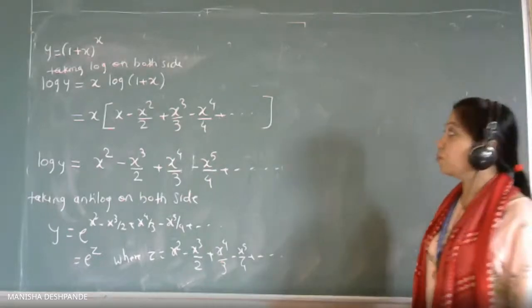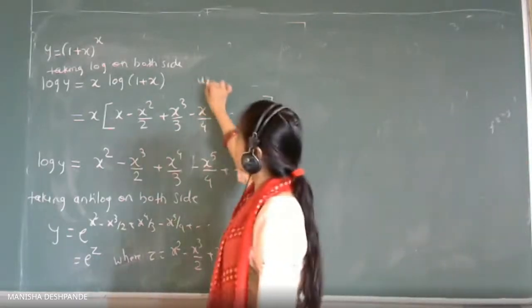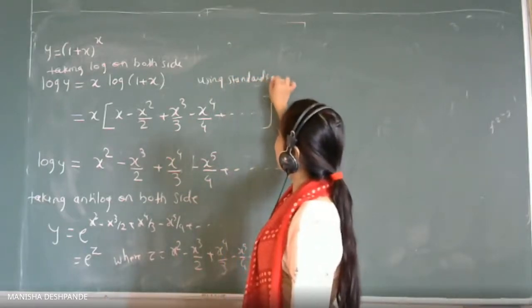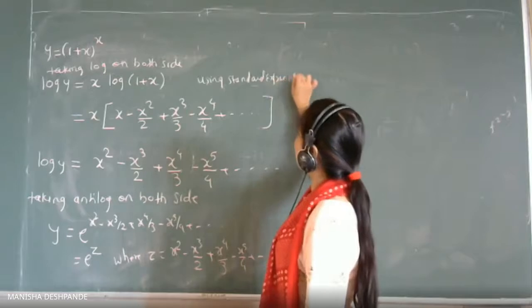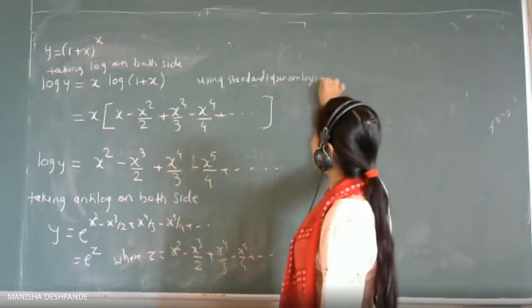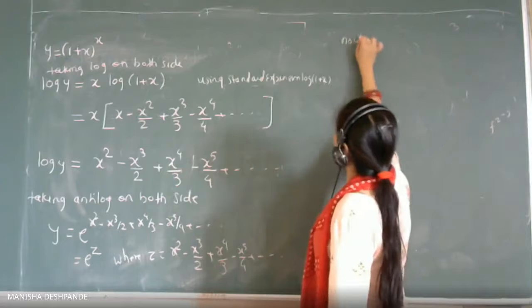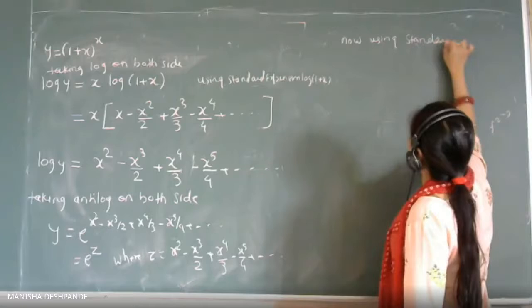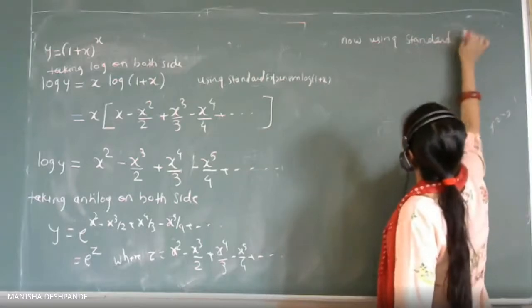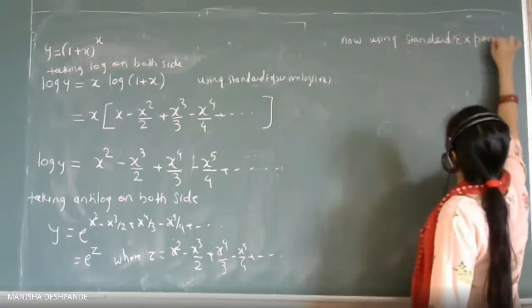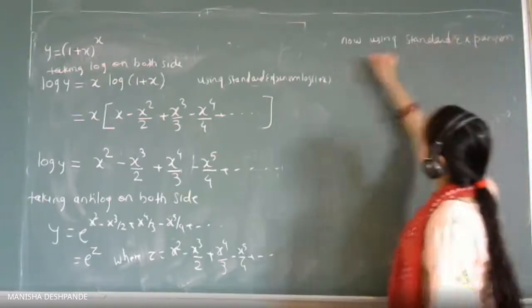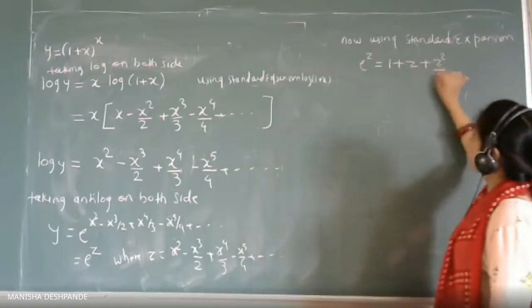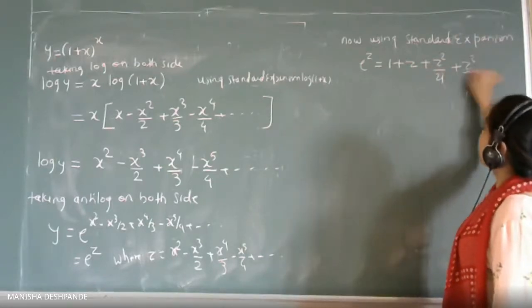You have to mention here: using standard expansion of log of 1 plus x. Now, using standard expansion of e raised to z. What is the expansion of e raised to z? 1 plus z plus z squared by 2 factorial plus z cubed by 3 factorial plus and so on.